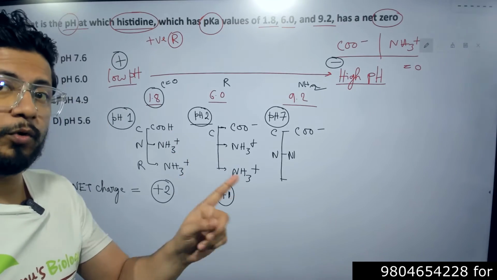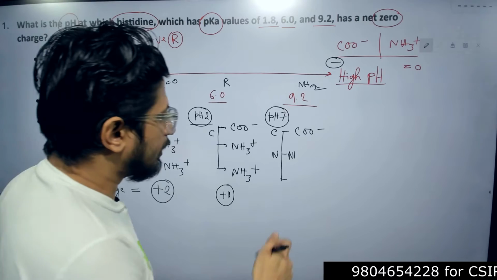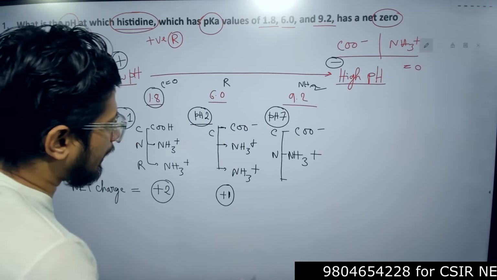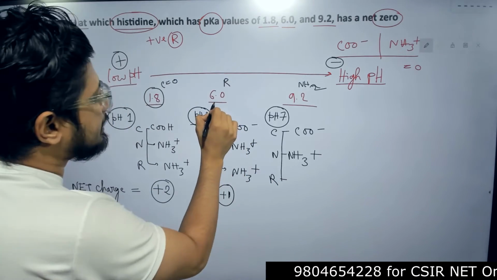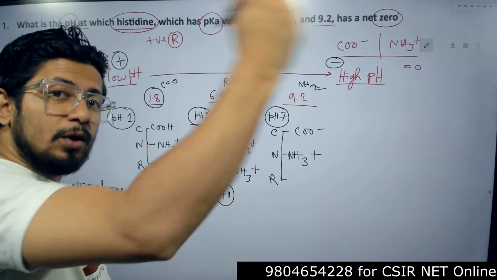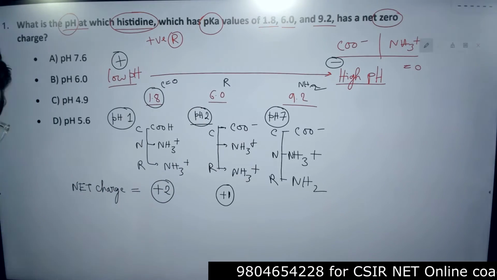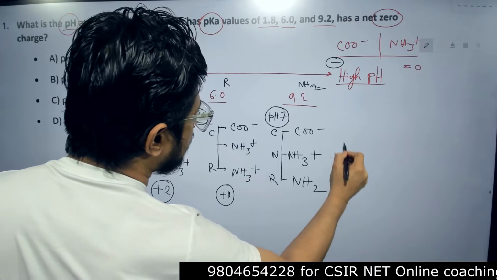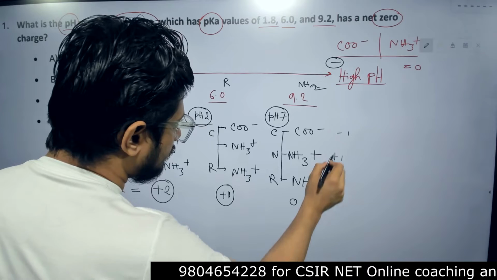So the pK is still higher than pH, so it will remain protonated. But what happens to the R group? The R group's pK is 6.0, but the pH is 7. So the pH is more than pK, so it will be deprotonated. NH2 will be there. So what will be the net charge here? This is 0, this is +1, this is -1. So the net charge will be 0 in this case.